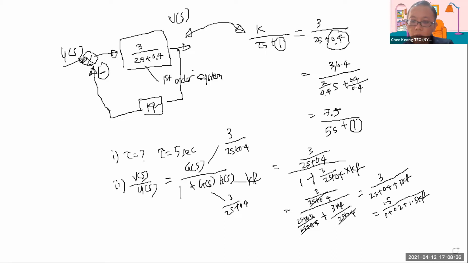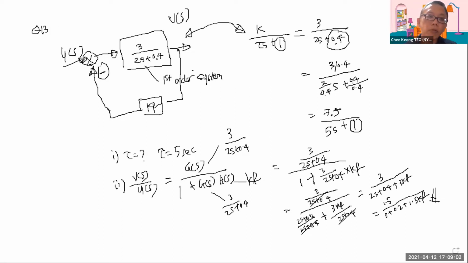So V of s over K of s is this value. That is part 2 of question 13.